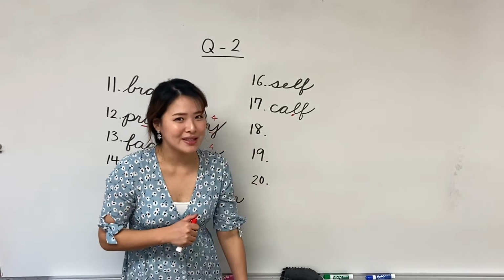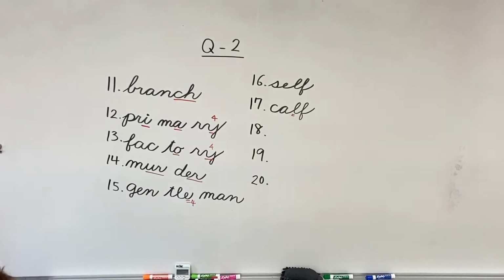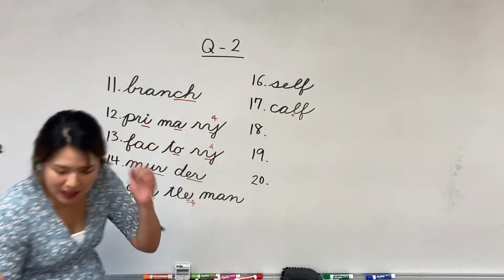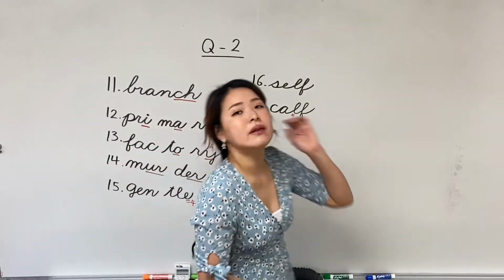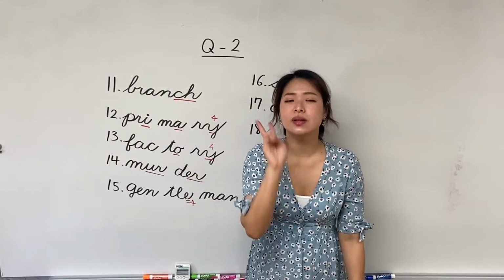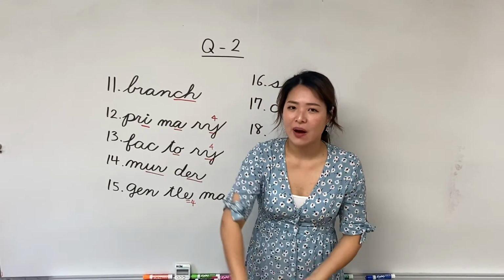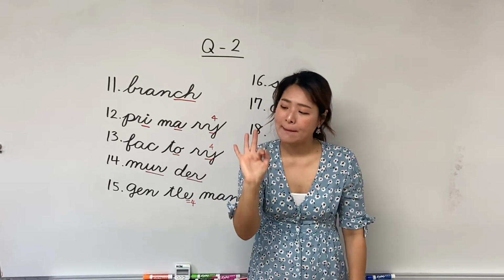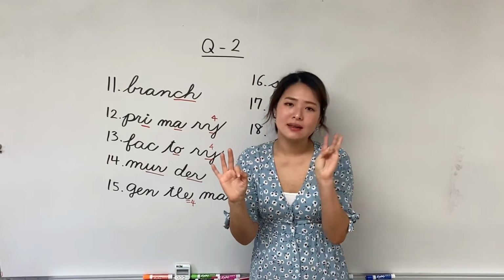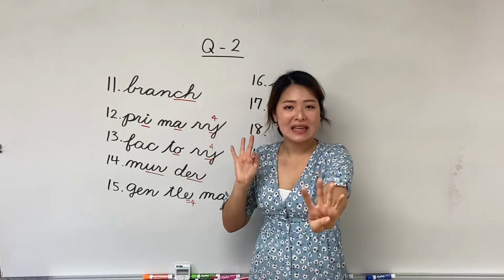Moving on to number 18. Number 18 is command. He that cannot obey cannot command. Command. How many syllables are there in command? Command. 2 syllables. Sound it out. C, o, m, m, a, n, d. Command.